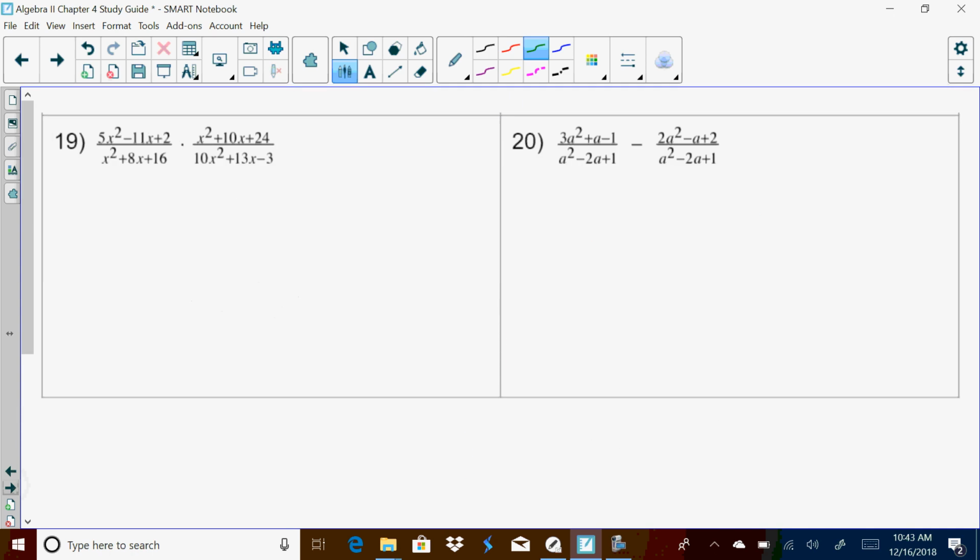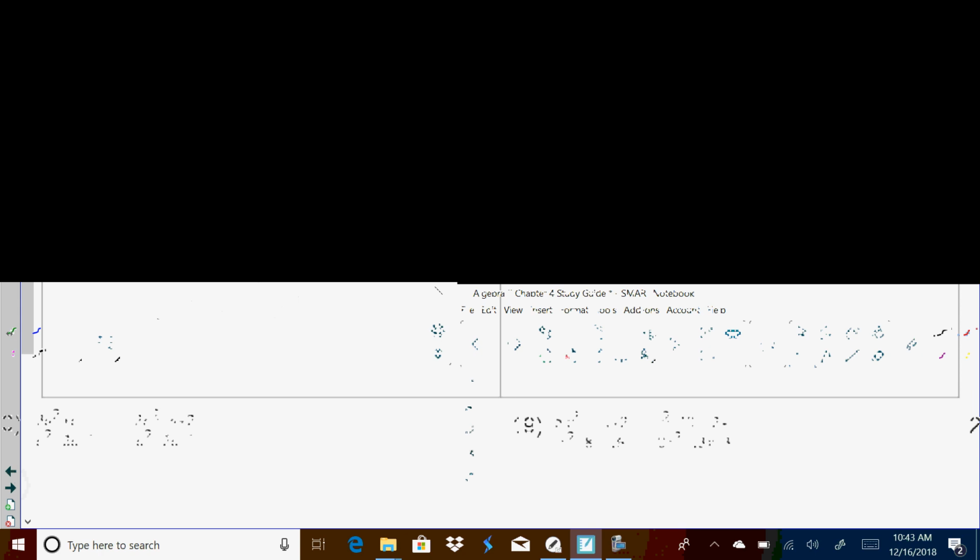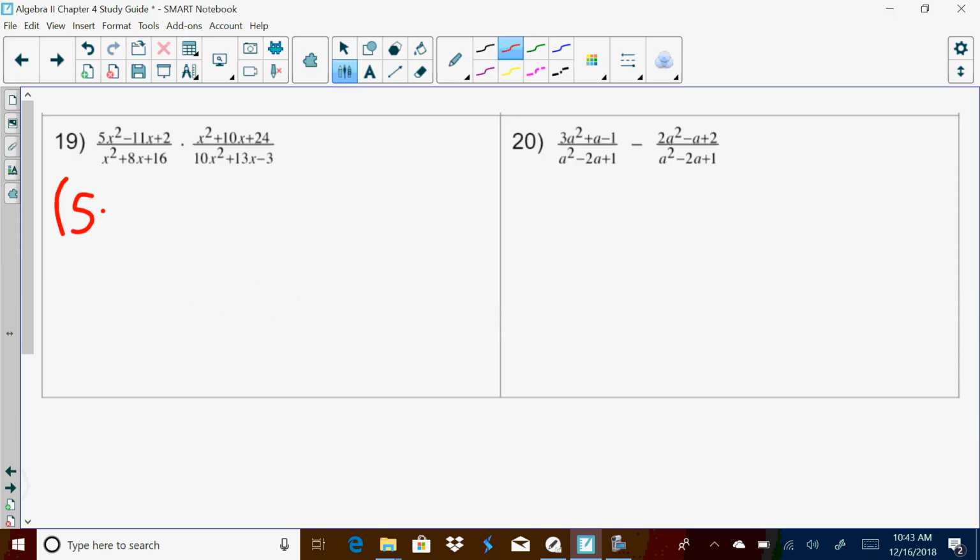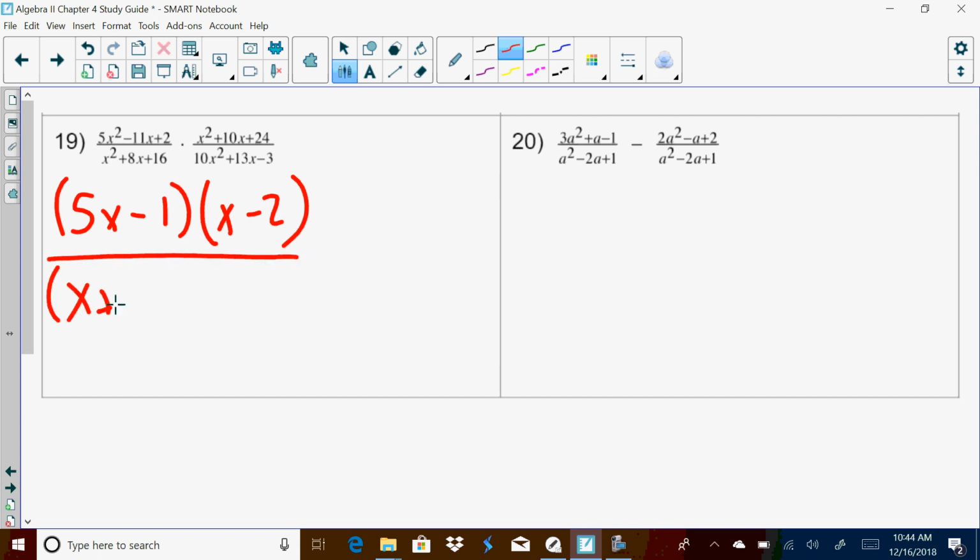For the next one, I'm multiplying. So I'm going to factor everything first. So when I factor the top, I get 5x minus 1 times x minus 2, x plus 4 times x plus 4.